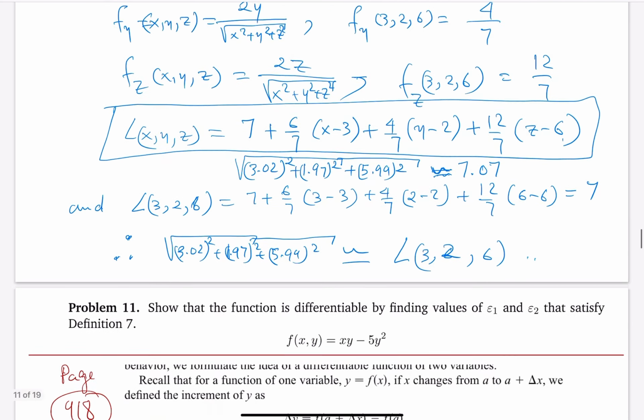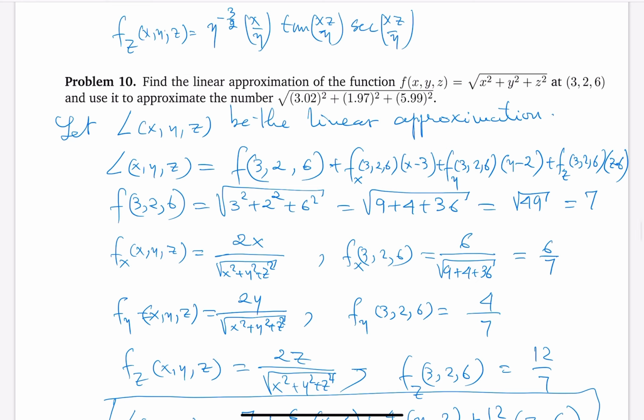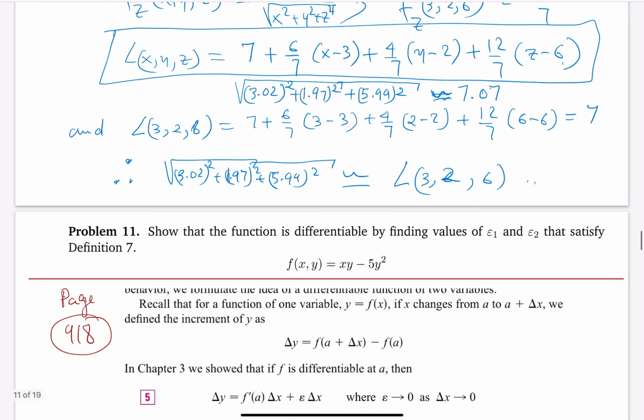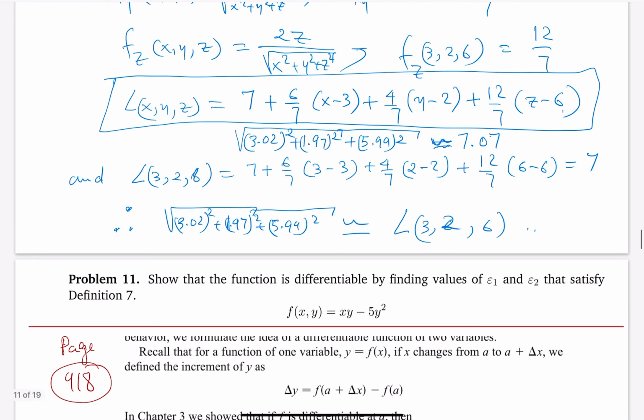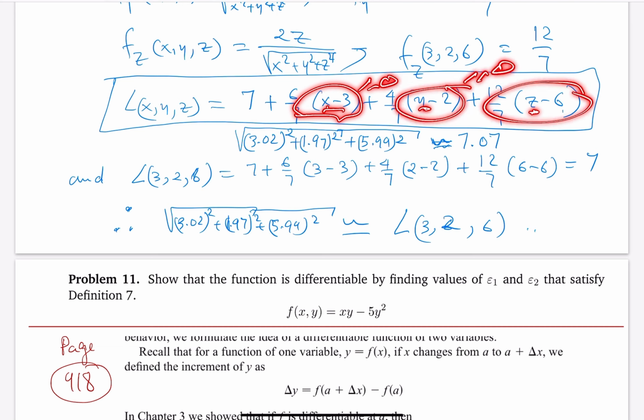Now, if you read the question, it says use it to approximate this number. So this one, you have to plug in here. If you plug in 3, 2, and 6, you end up having 0 here, okay? Here also is 0, and here is 0. So you have only 7 left here.